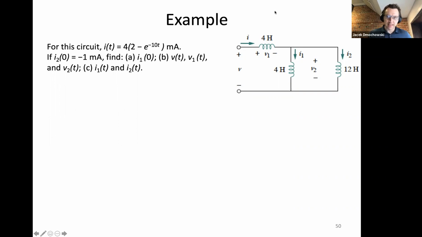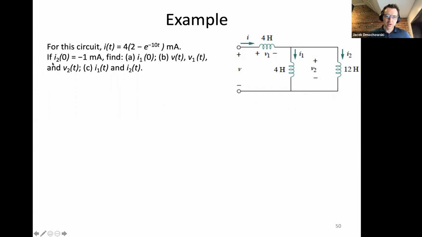So it's gonna have this sigmoidal shape, I don't know if you guys know this term. So it starts off at 4 and then it rises and plateaus at 8. And so the question is, what happens to these other circuit variables, I1, I2, V1, and V2, as that current I is rising from 4 milliamps to 8 milliamps?